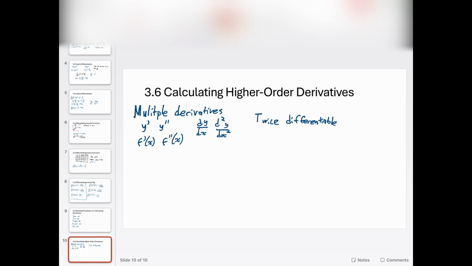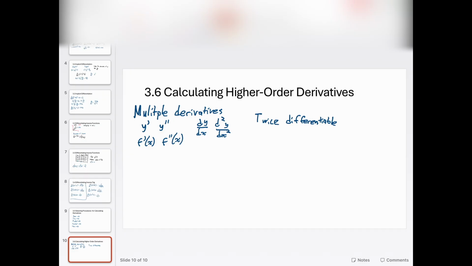So now let's look at higher order derivatives. That means taking the derivative multiple times, and what you'll see a lot of the time is the term twice differentiable, and that just means that the derivative can be taken twice. This is the most common notation: y prime and then y double prime, same thing like f double prime. And then here it'll be d2y dx squared, essentially.